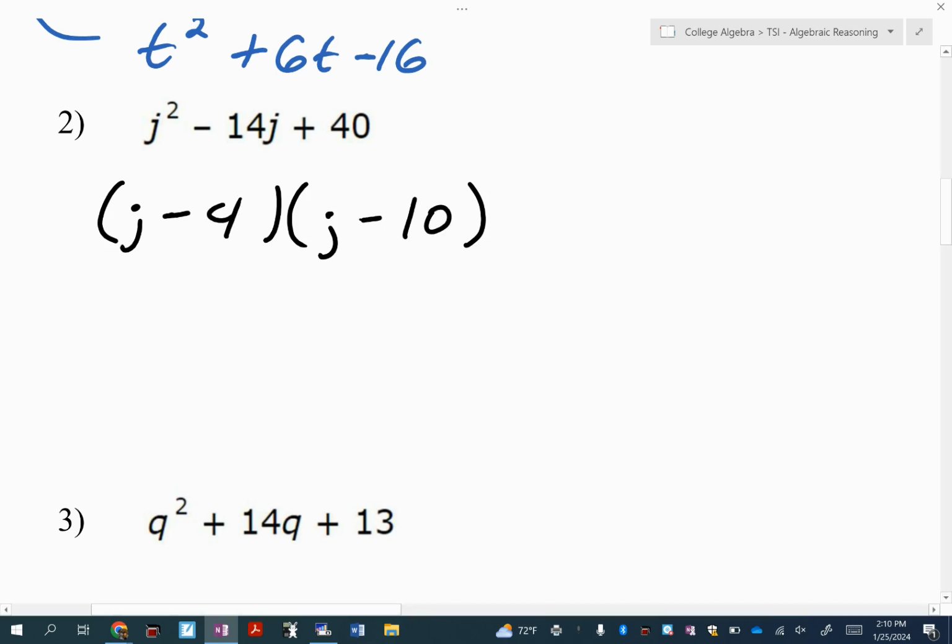Okay, well, so what I was hoping Natalia would say is two numbers that multiply to give us 40 and add to give us negative 14. All right? So let's see if the numbers that Natalia chose work. What's negative 4 times negative 10? That's 40. What's negative 4 plus negative 10? Negative 14. So it works. Well done.